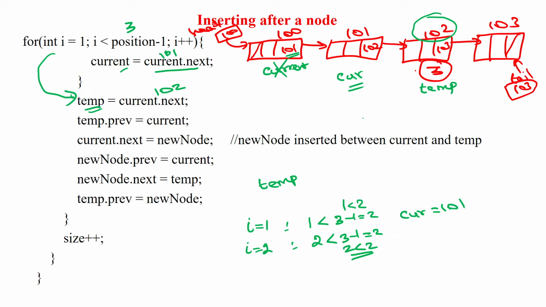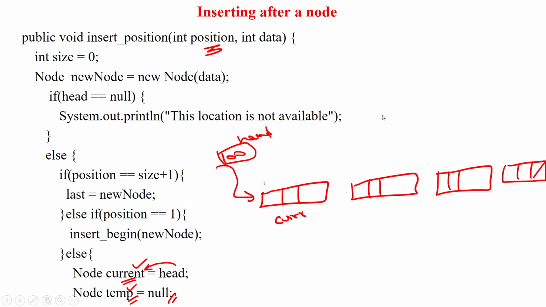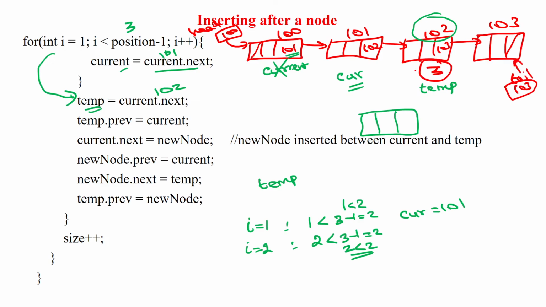So already a new node is created with value 10. Assume the new node address is 500. Then current is assigned to temporary dot previous.